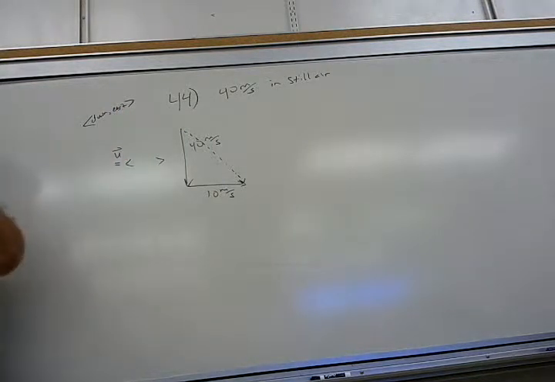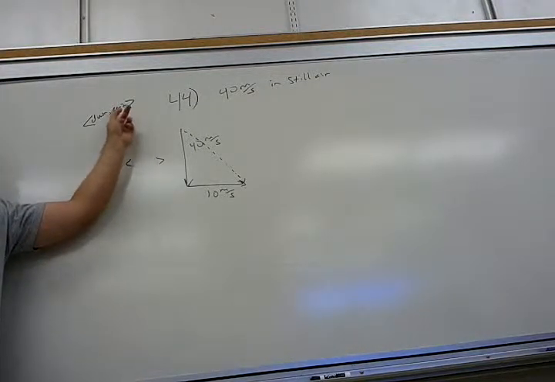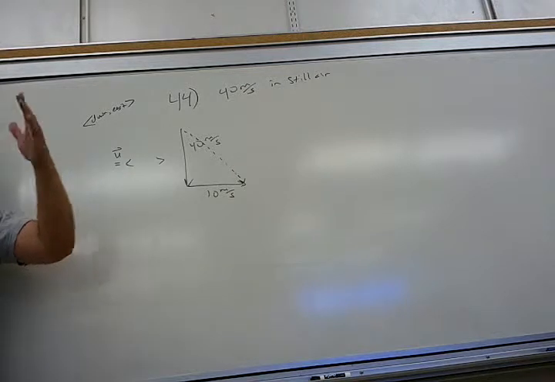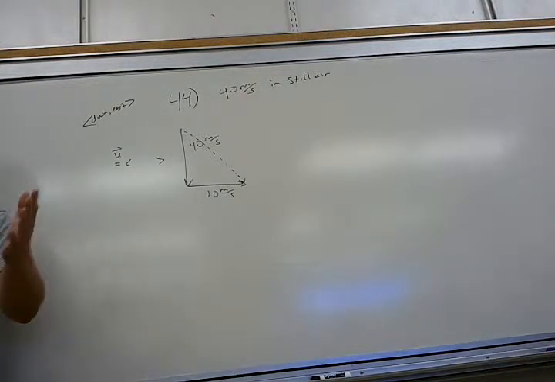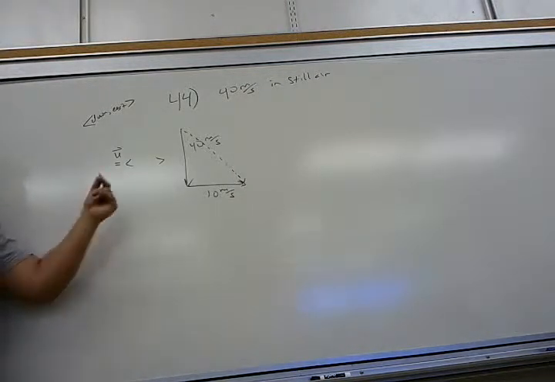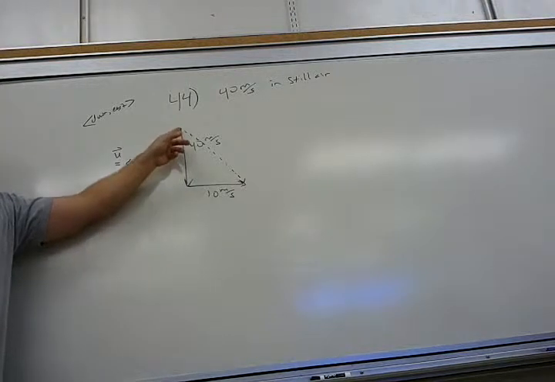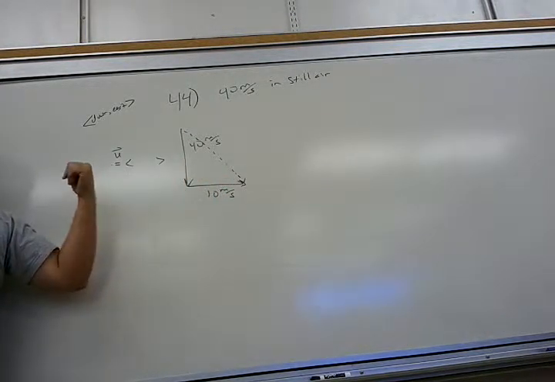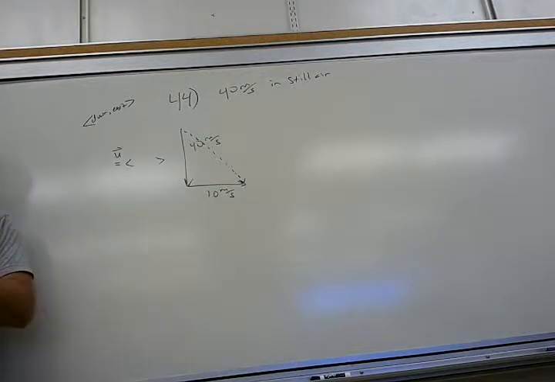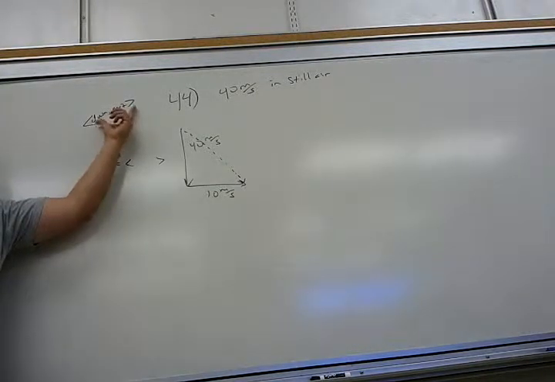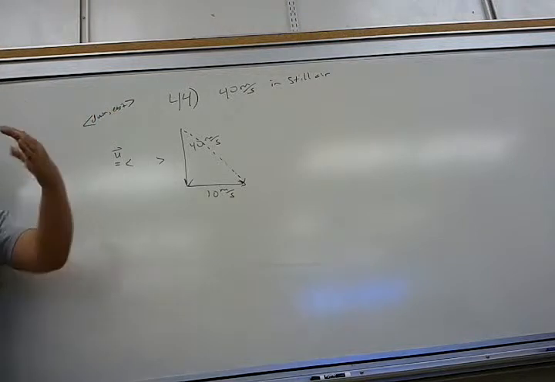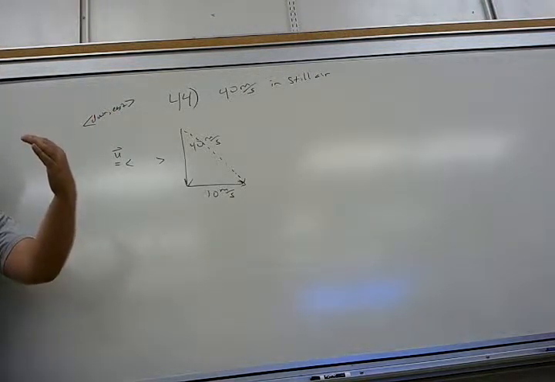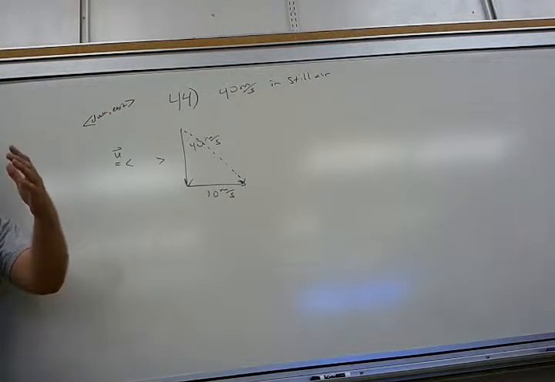If I chose a different way to define this, all that means is the negatives would indicate the other direction, but who cares? When I find the distance, don't I square them all anyway? And the angle would just be relative to either down or relative to east or west. So it's still the same idea. You just have to tell me how you want to describe vectors in this problem. Is everybody with me?